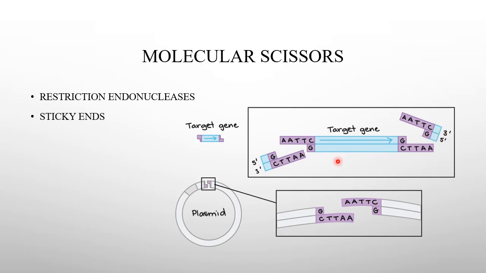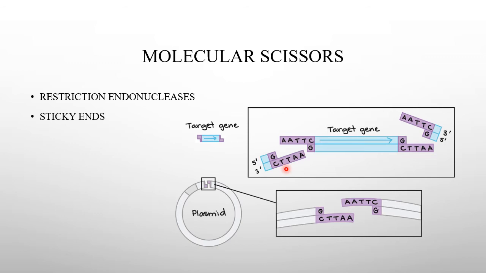sticky ends. So these restriction enzymes cut the genes at the specific site, which is called sticky ends. EcoR1 is a commonly used restriction enzyme.